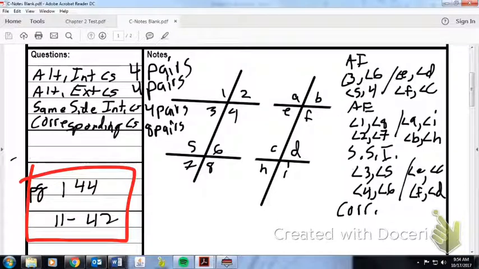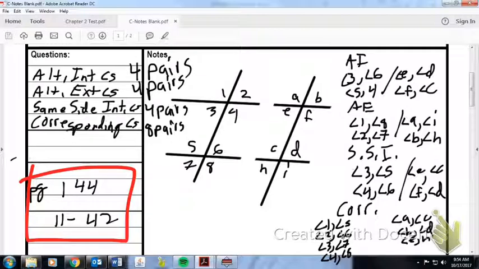So we have 1, 5, 2, 6, 3, 7, and 4, 8. Over on the letters we have A, C, B, D, E, H, and F, and I. Give me just a second, fix that. Angle H, and then angle I.